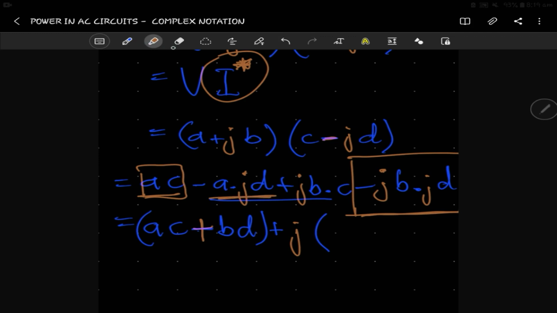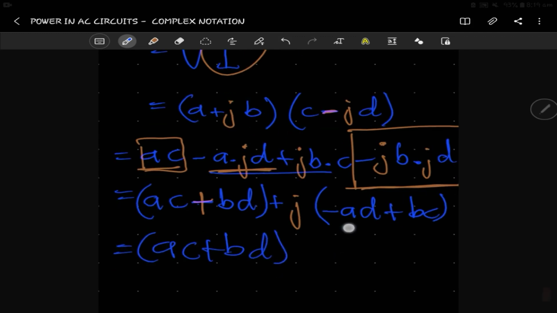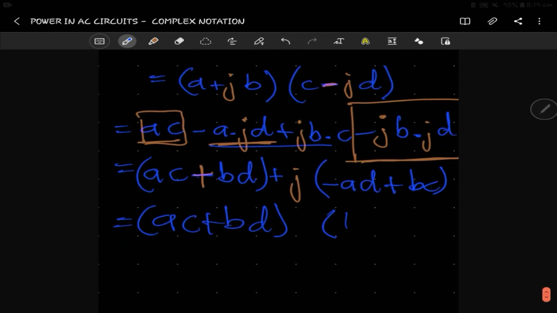The AD will be negative, so we get minus AD, and then here we get a plus BC, all of which can be rewritten in this form. We have AC plus BD, and then J times BC minus AD. So this will be the whole representation.